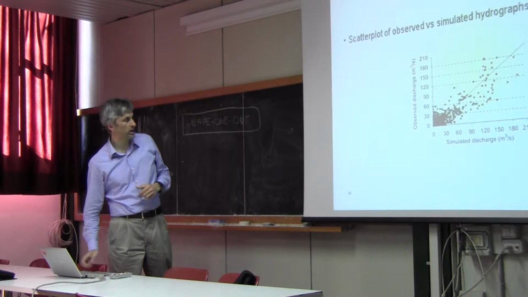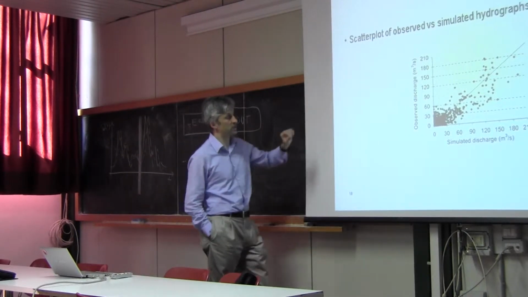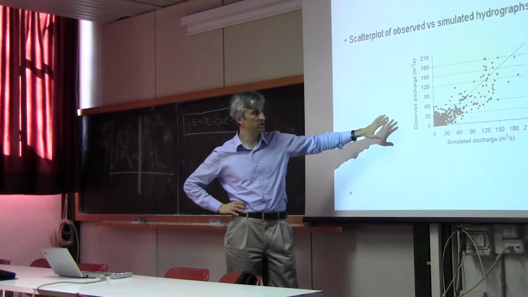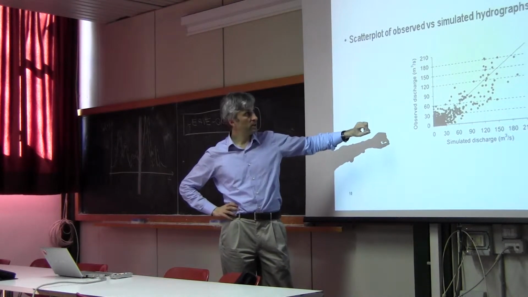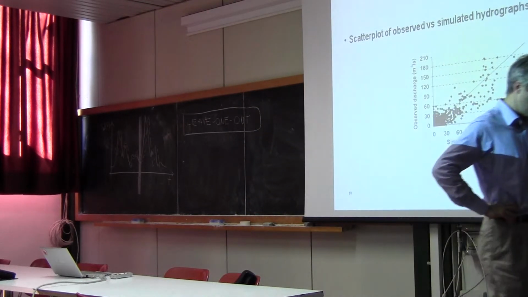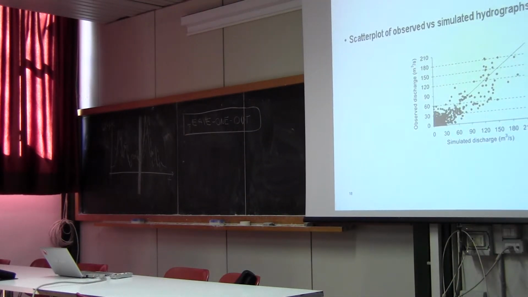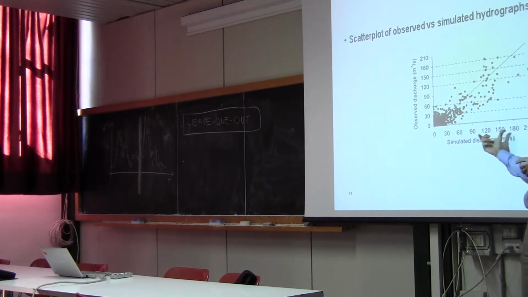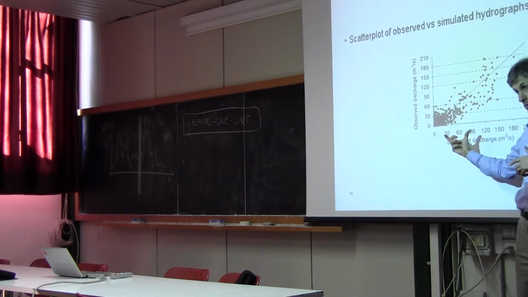Let's look at another graphical technique. It is a scatter plot of observed versus simulated discharge. This graph should be depicted by using a similar extension for the two axes, a similar length.